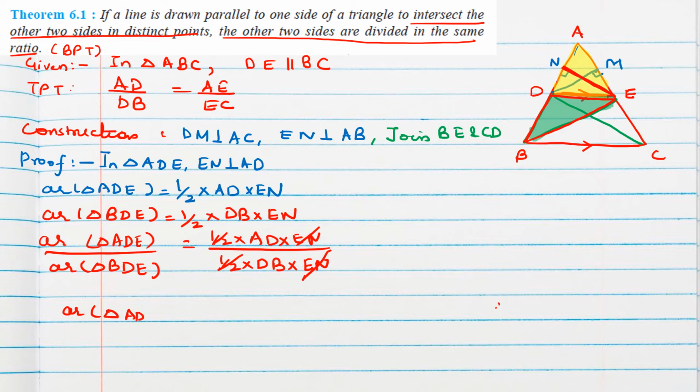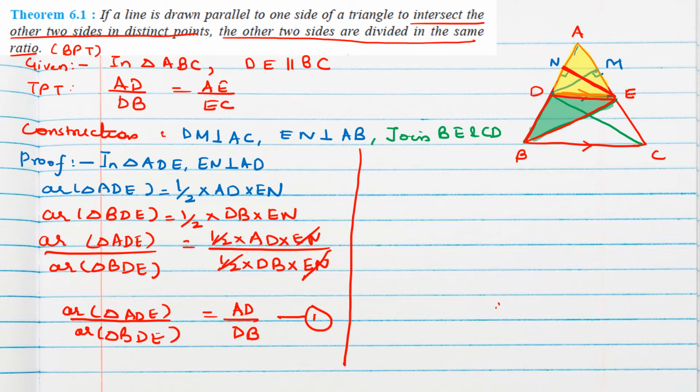So ADE divided by BDE is equal to AD by DB. Let this be equation 1. So for one part we got the ratio AD by DB, the left hand side ratio.